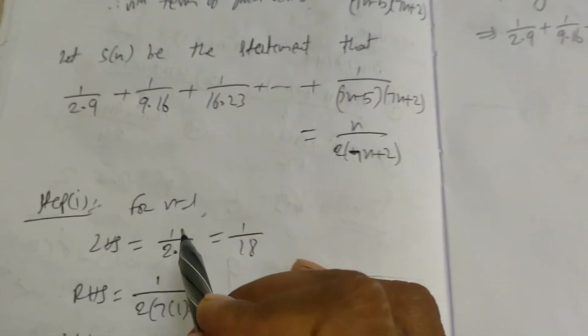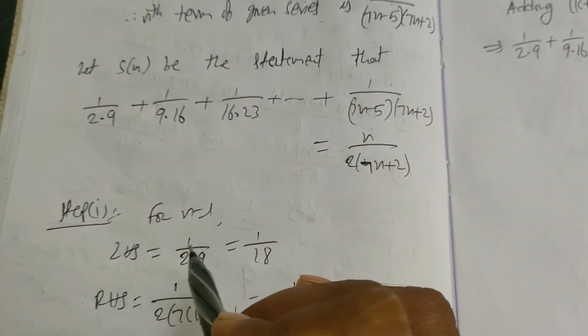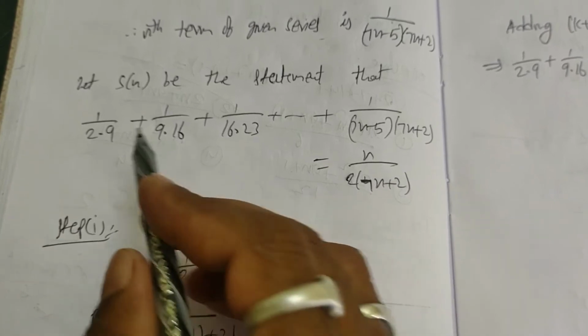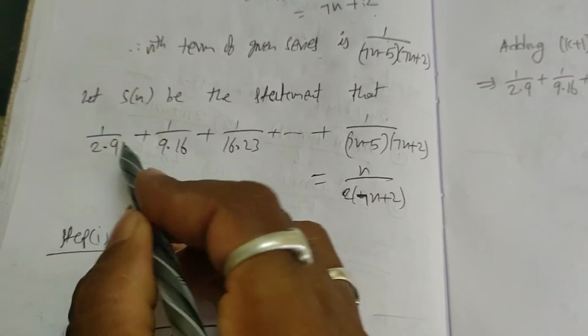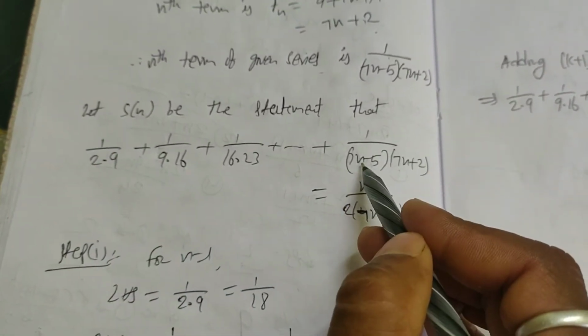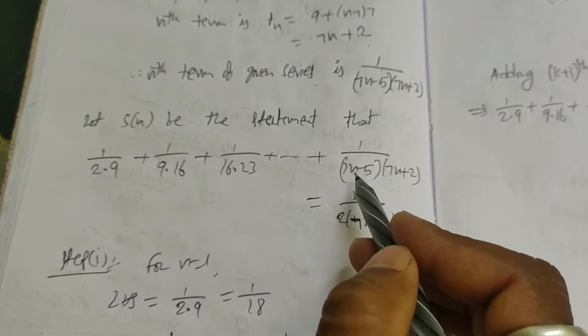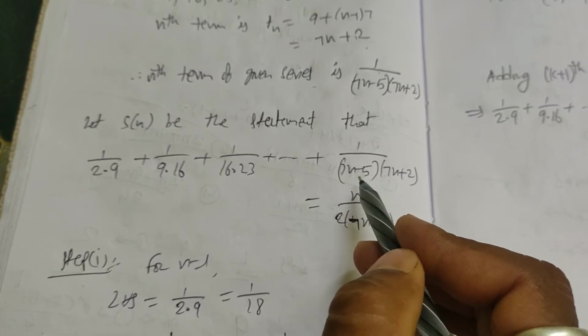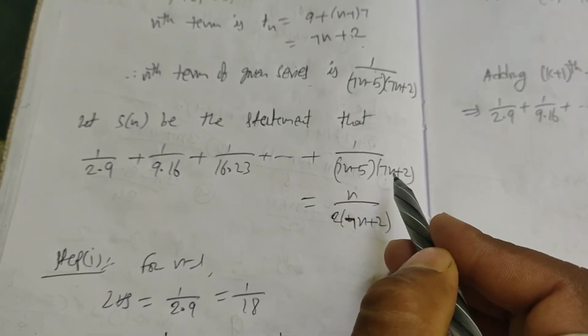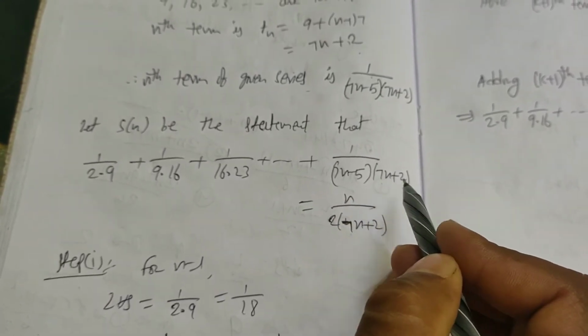Step 1: for n is equal to 1, LHS equals 1 by 2 into 9, because if you take the first term, or substitute n is equal to 1 in the nth term, you get the same answer: 1 by 7 into 1 minus 5, that is 2, and 7 into 1 plus 2, that is 9.